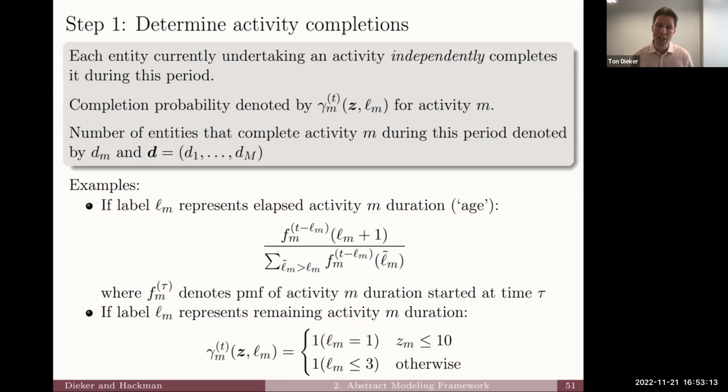Okay, and that together determines the vector of counts of how many entities complete their activity during this period. Now we're going to modify these 2 examples just a little bit. If the probability mass function of the activity duration depends on the time you start your activity, then the formula gets adjusted. And actually, this is a very substantial adjustment because this is no longer a hazard function, because the LM appears in the superscripts.